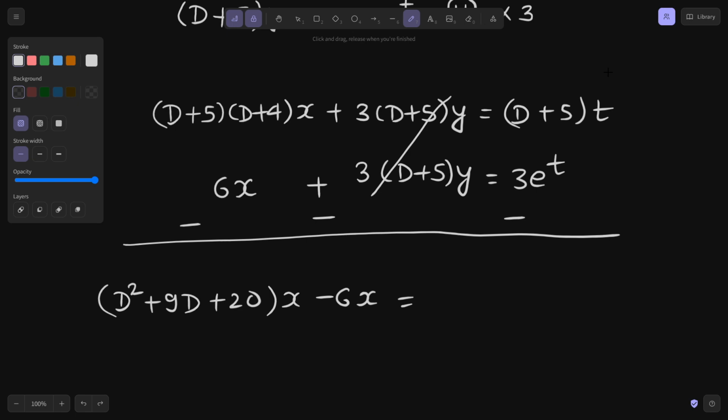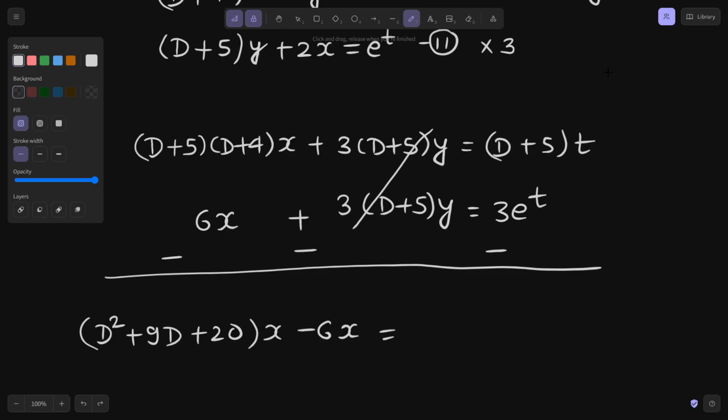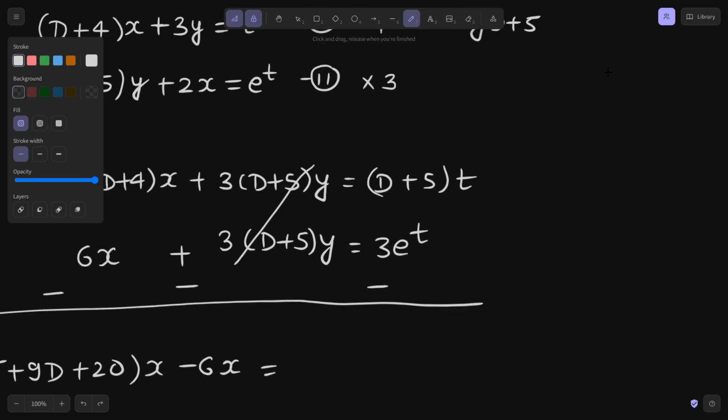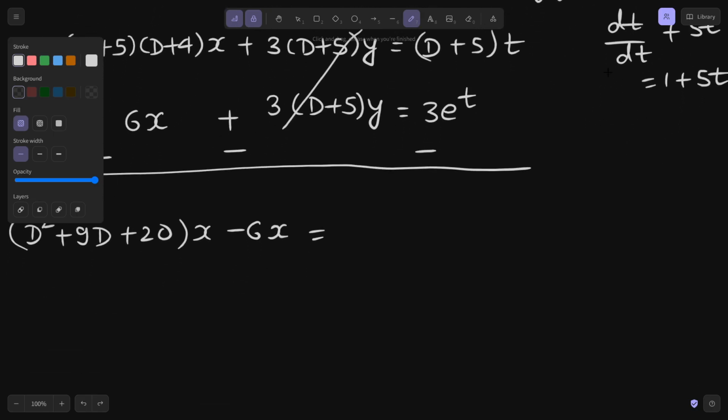Because D is nothing but d by dt, as I mentioned earlier, so D plus 5 operating on t is nothing but d by dt of t, so this will be dt by dt, which is 1, plus 5t, minus 3e power t.